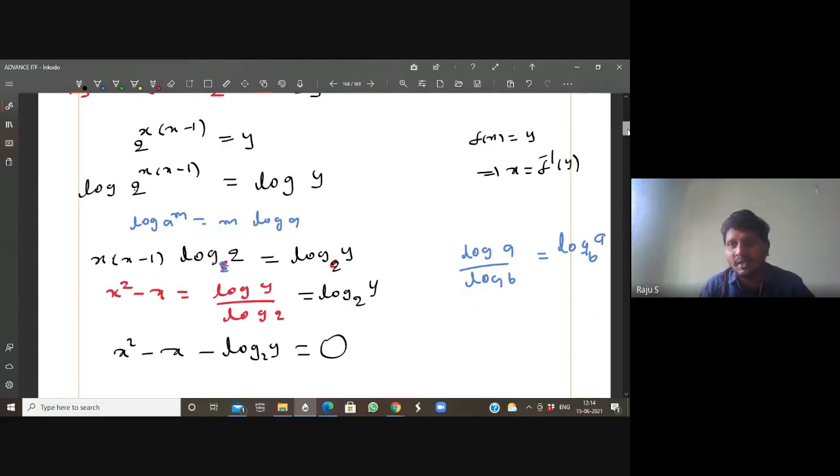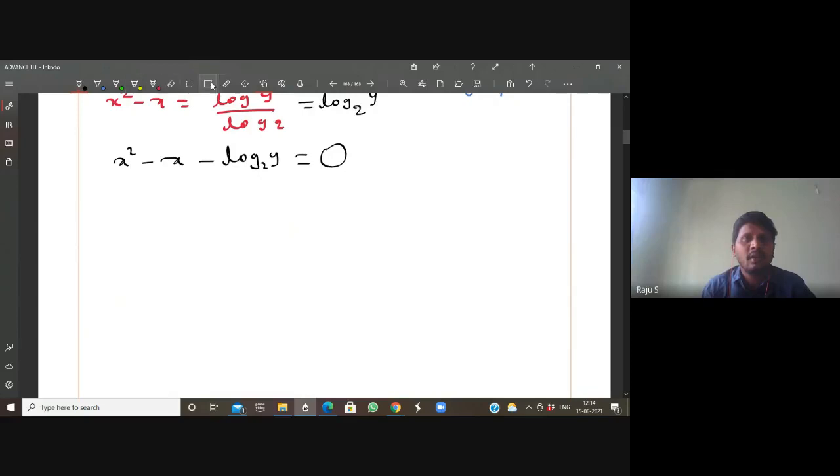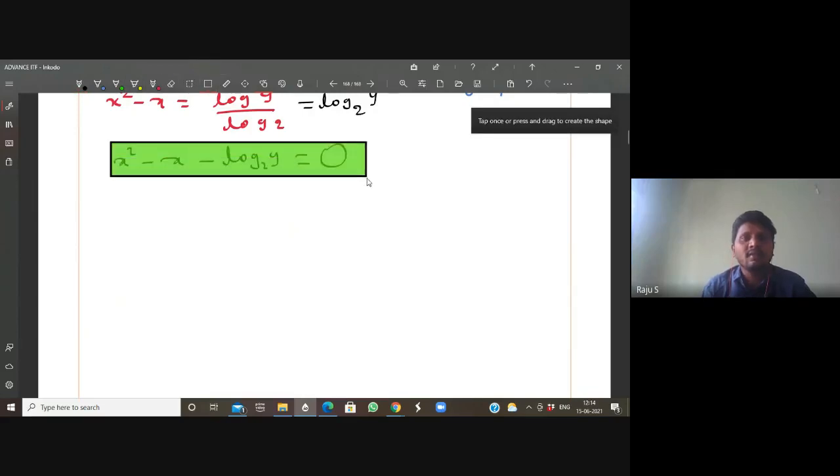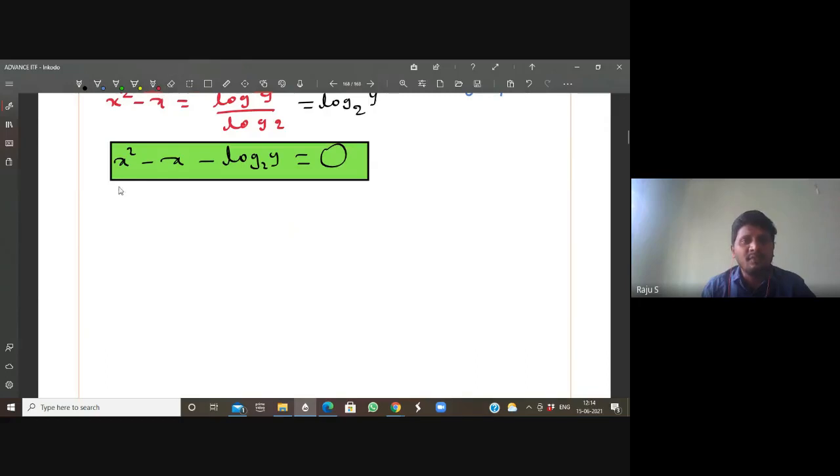This is a quadratic equation. Here we need to find the x value. It is clearly quadratic. What is a? If you compare with ax square plus bx plus c, a value is 1, b value is -1, c value is minus log y base 2. Okay, so we cannot apply any factorization method. So what to do? Quadratic formula.